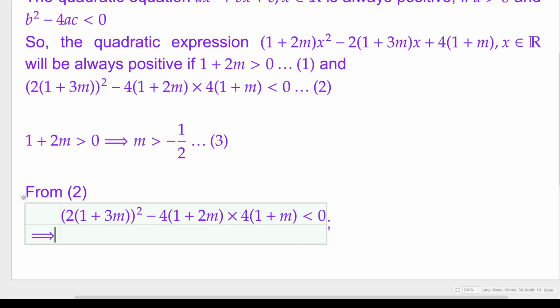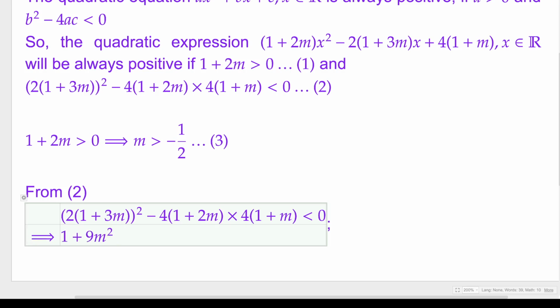This is squared, so on resolving this part we get 1 + 9m² + 2 times 3, that is 6m. This is 2 squared, that is 4, so 4 is a common factor and can be divided on both sides. One of the 4s can be eliminated. From this sub-expression I got a² + b² + 2ab, where 2ab is 2 times 3, that is 6m.